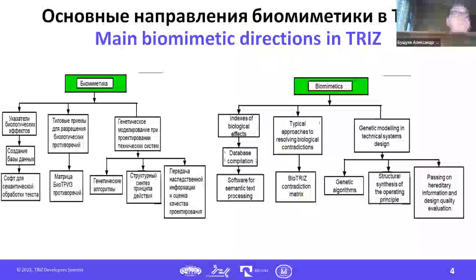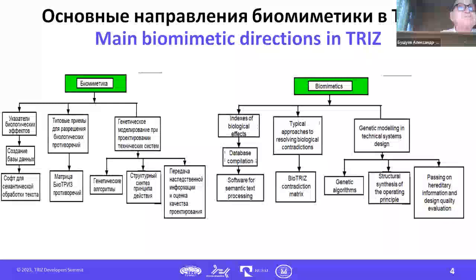Now let's proceed. In this slide, you see the main directions in trees. These are the directions in the field of biomimetics science, which works with natural systems, building models, technical systems, and technologies.